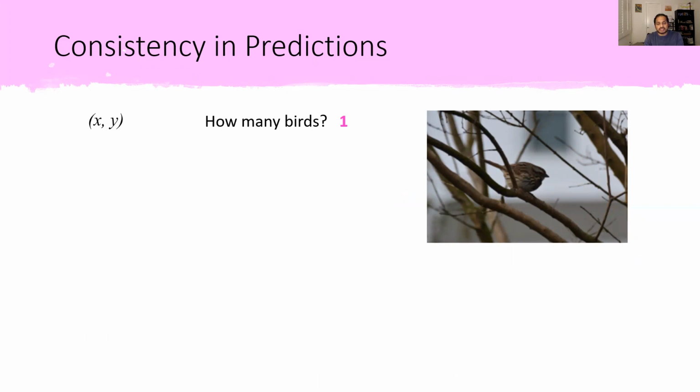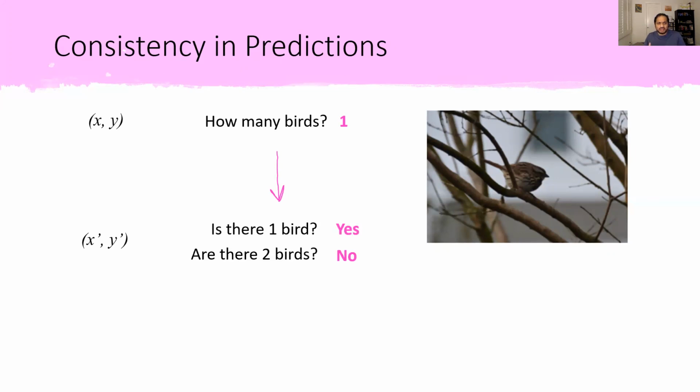What you can do is look at this question and answer pair, and create a bunch of more question and answer pairs that are clearly implied by this one. So for example, we're going to say, is there one bird? If I ask you this question and I told you that the first answer is correct, you would say, well, clearly the answer here is yes. If I ask you, are there 2 birds?